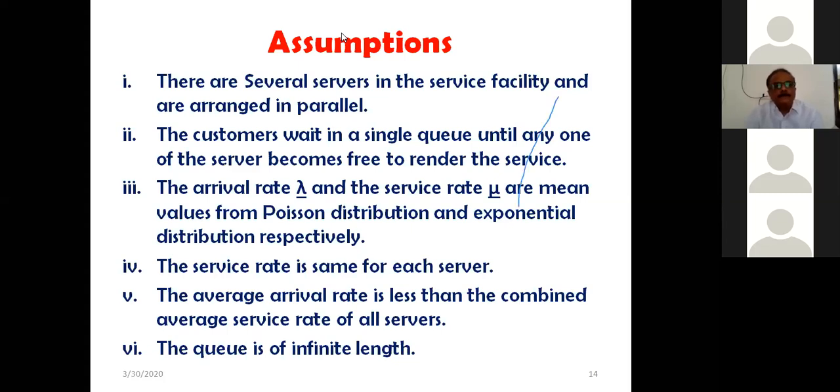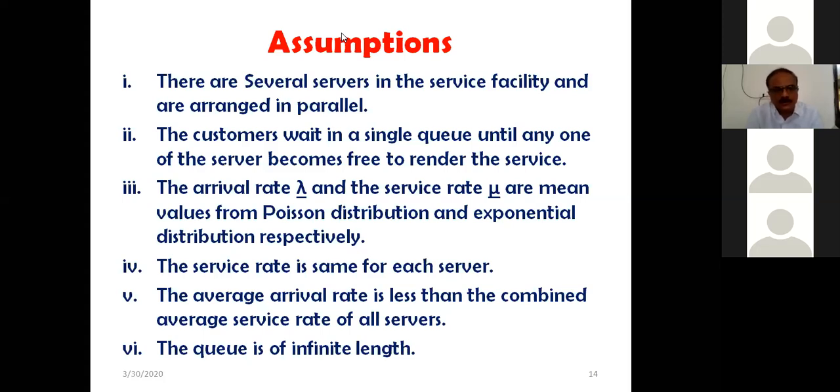Third, the arrival rate is lambda and the service rate is mu. These lambda and mu are mean values and they follow Poisson distribution and exponential distribution respectively. The service rate is the same for each server.